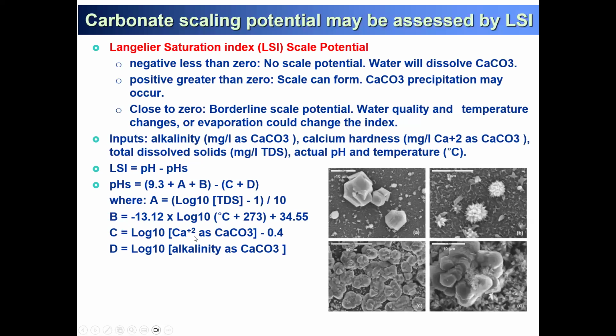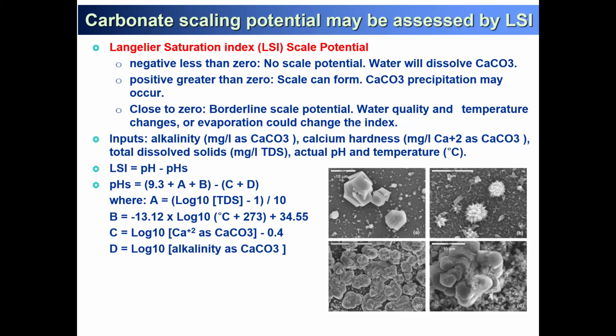Log 10 of calcium concentration. Absolutely, less calcium concentration is the best way. Also D, alkalinity. If you have a high alkalinity, you have a high potential. Less alkalinity, you have a less LSI value, negative value, so that you will reduce the overall fouling potential.